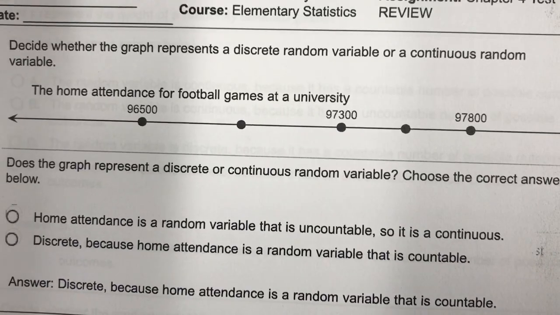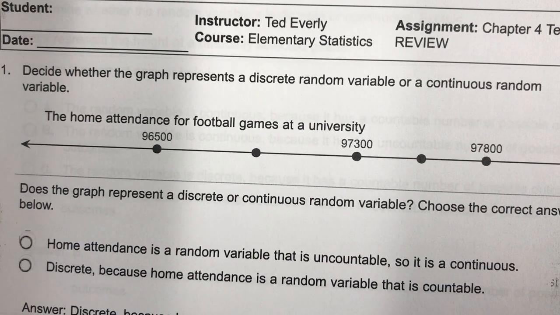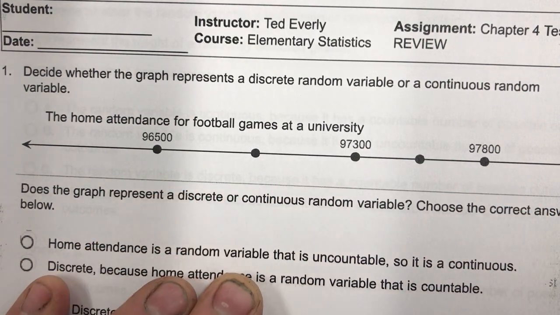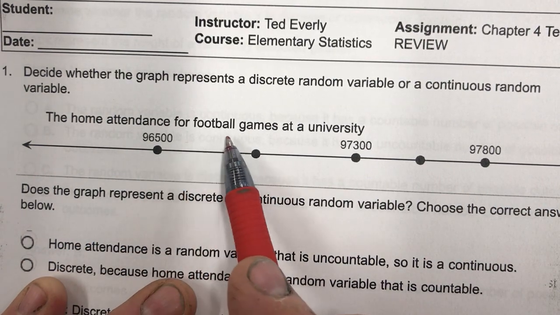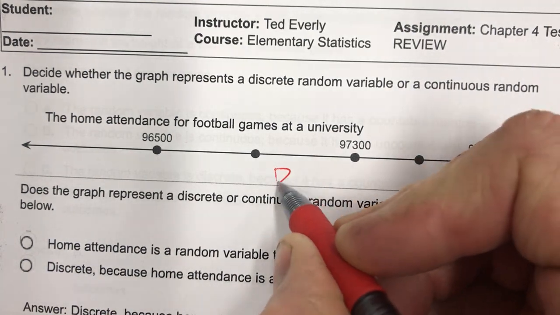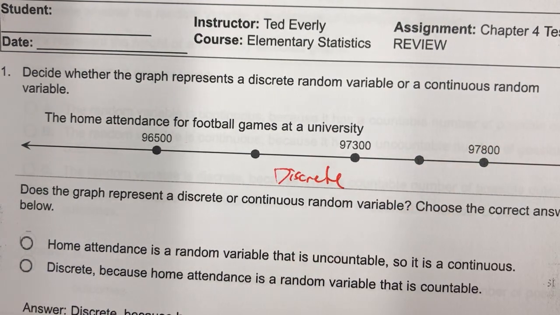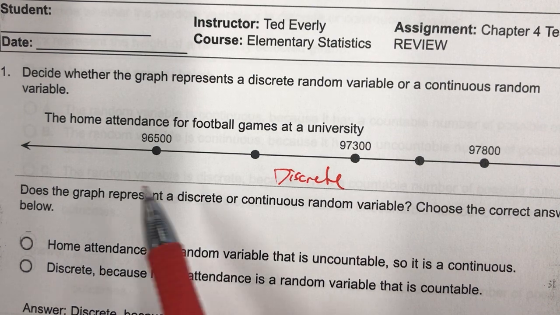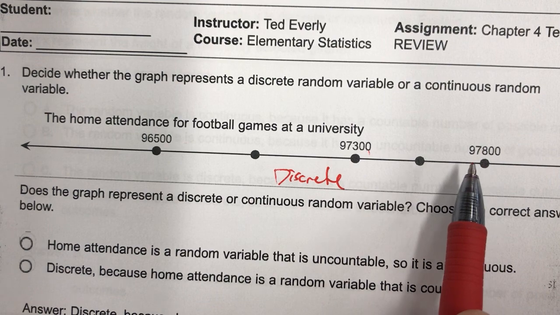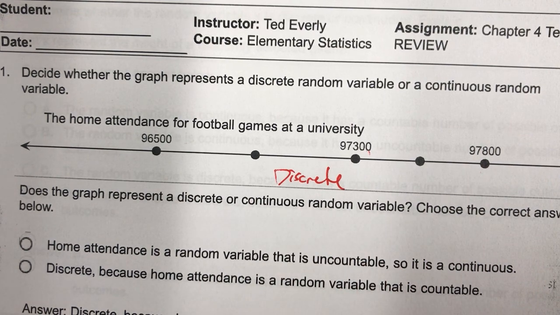All right, so first off here, number 1, decide whether this graph represents a discrete random variable or a continuous random variable. So this is home attendance for football games. This is discrete, because they're countable. You have this many people, you have this many people. If it's continuous, there's no way to count them.